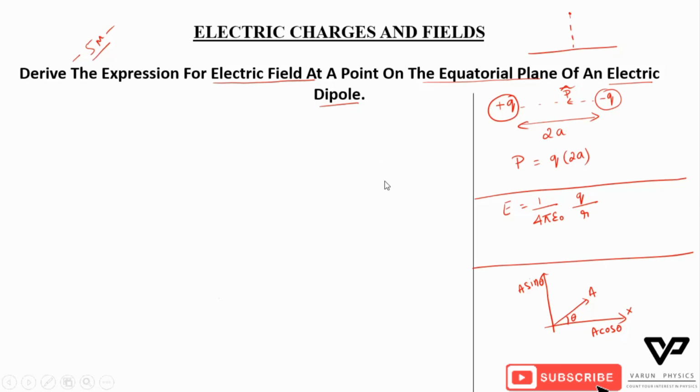For that, let us consider two charges, plus q and minus q. Actually, it is a dipole separated by a distance 2a.